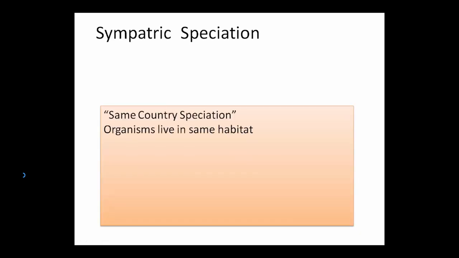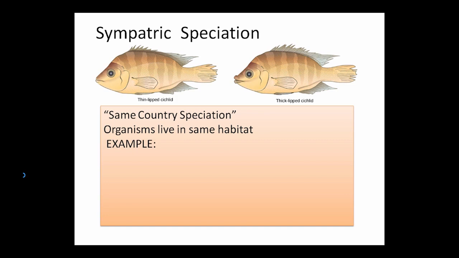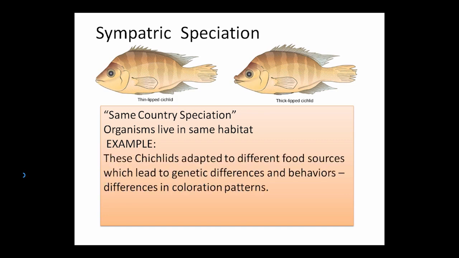Sympatric speciation, on the other hand, is where you have these genetic differences and genetic barriers with a group of organisms that live in the same habitat. So the example are these cichlids, okay? And they have adapted to different food sources.